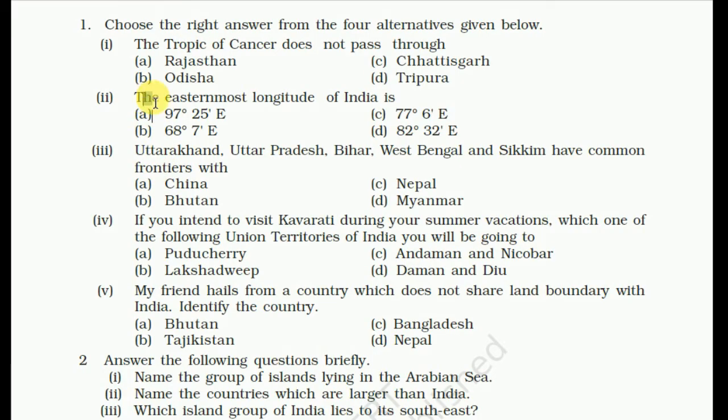And what is the easternmost longitude of India? The easternmost is 97.25 east. Uttarakhand, Uttar Pradesh, Bihar, West Bengal and Sikkim have common frontiers with which country?